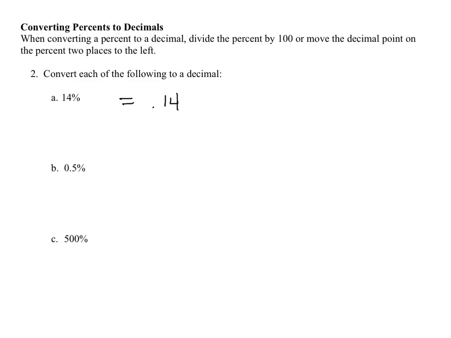It's half a percent. So I still have to move the decimal point 2 places to the left, and I get 0.005. Cool? And what about 500%, you guys? You're like, well, 100% is 1. So 500% has to be the number 5. But if I'm moving my decimal point 2 places to the left, it makes sense.